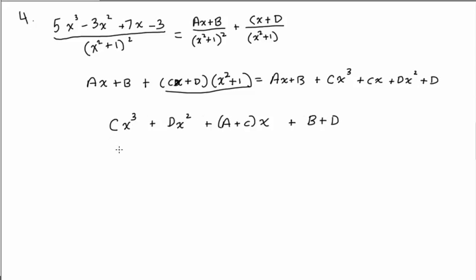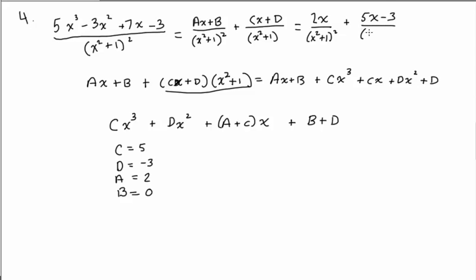So we see right away that c has to be 5, d has to be -3, a is 2, and b is 0. So what does our decomposition look like? Well, I have 2x over x squared plus 1 squared plus 5x minus 3 over x squared plus 1.